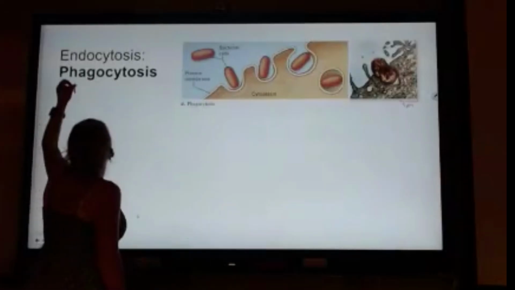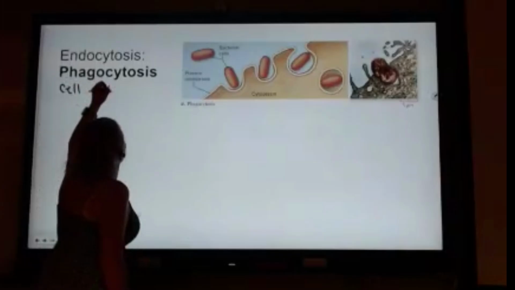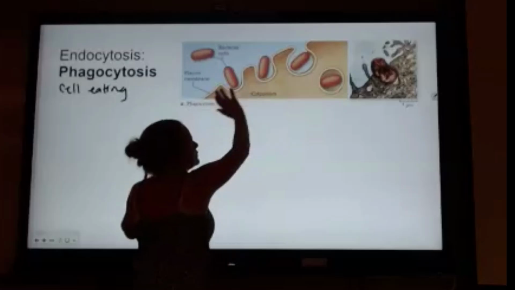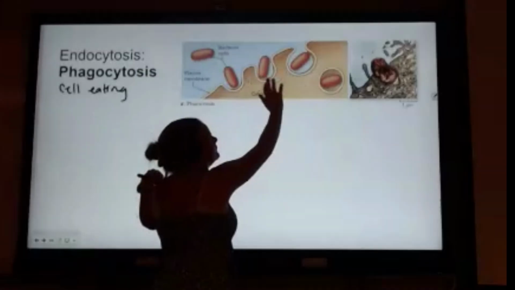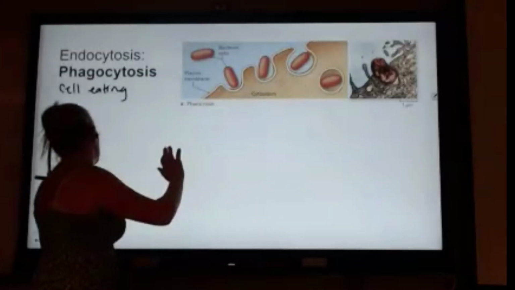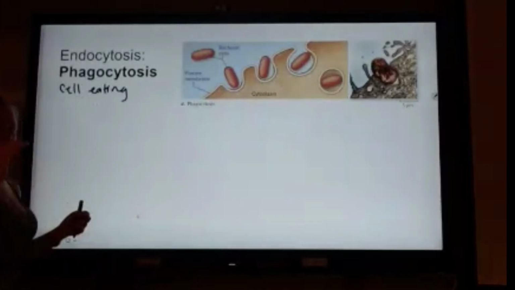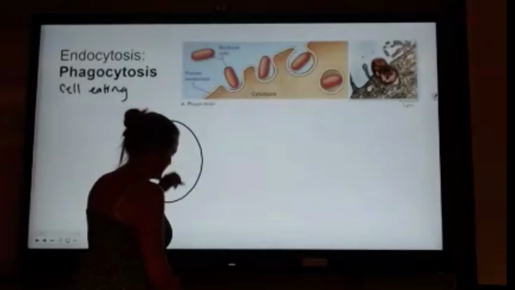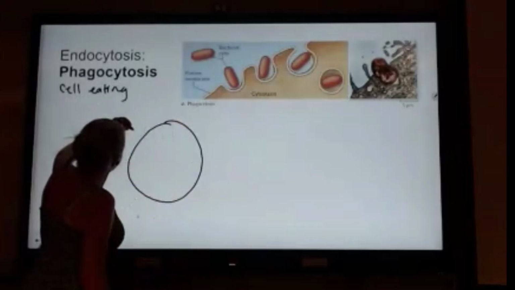Okay, remember this is cell eating. Okay, and I've left this same picture up that was in the lecture slides and is in your textbook, but I'm going to draw it out so that we can kind of see the changes. Okay, so here's our cell. Here's a food particle.